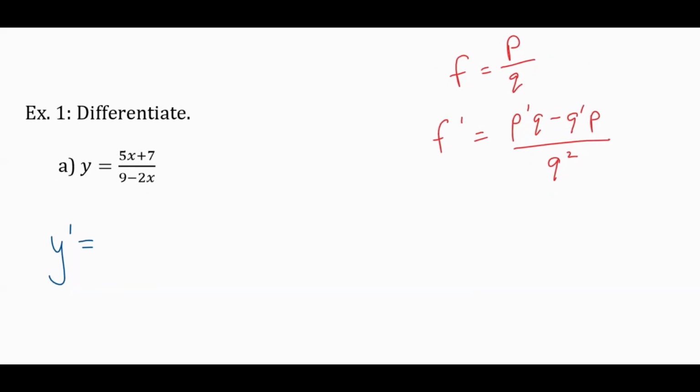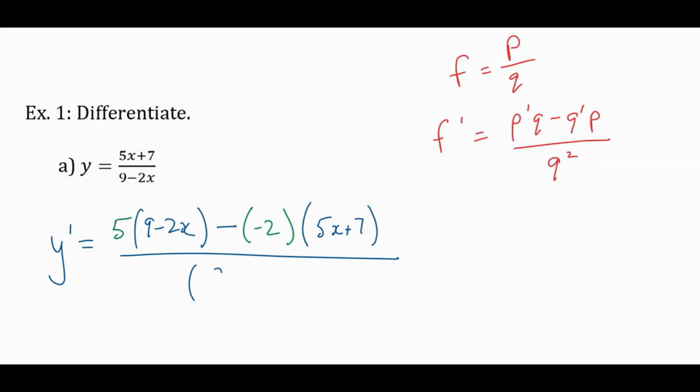So what is the derivative of the top? It's 5 times the bottom, minus the derivative of the bottom, which is negative 2, times the top, all over the bottom squared.